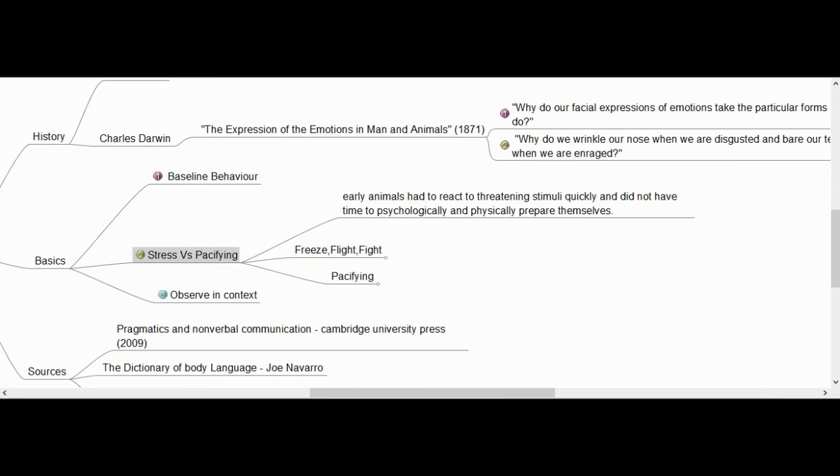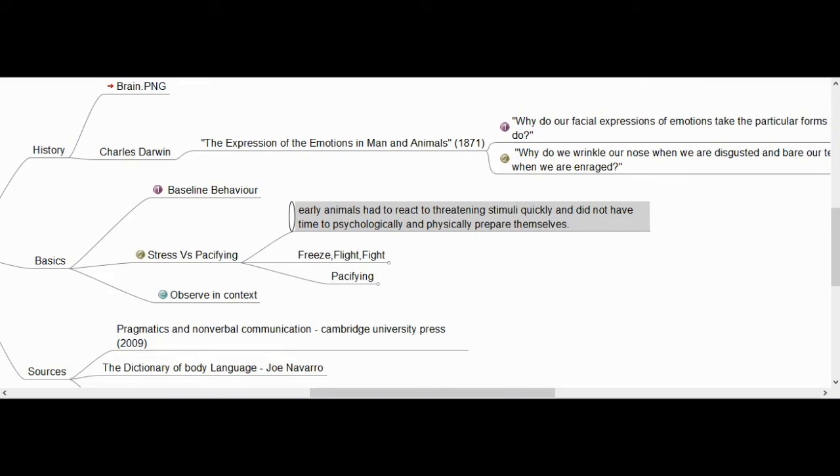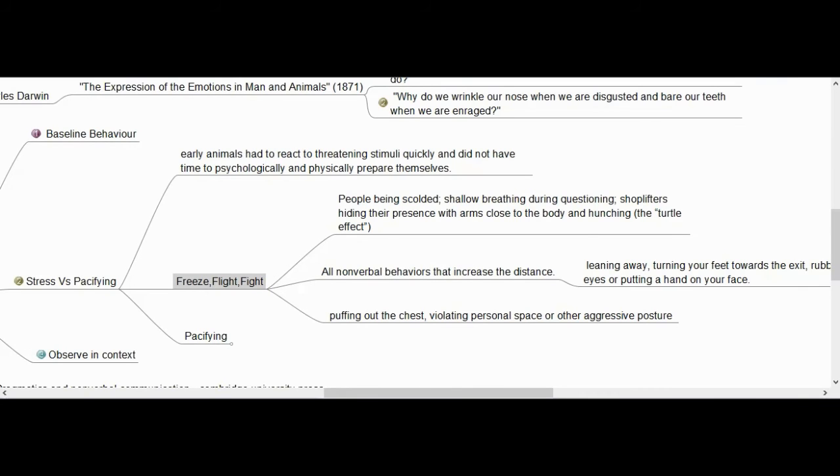So stress behaviors usually show up when animals had to react to threatening stimuli quickly and did not have time to psychologically or physically prepare themselves. These are like the body's natural troubleshooters, an inbuilt antivirus, and freeze, flight, and fight.